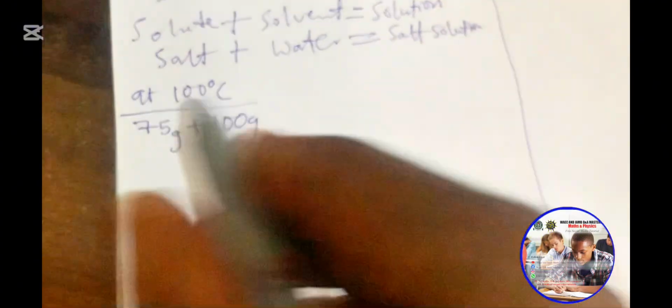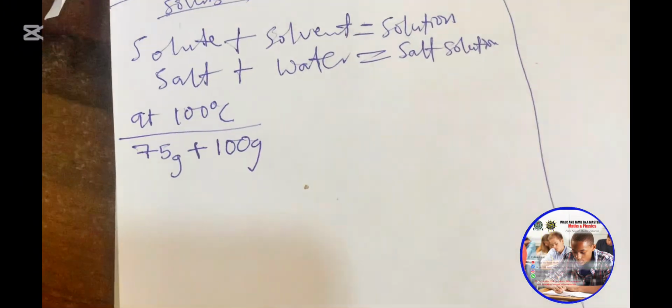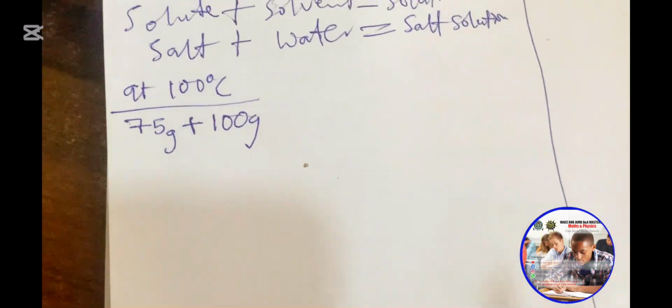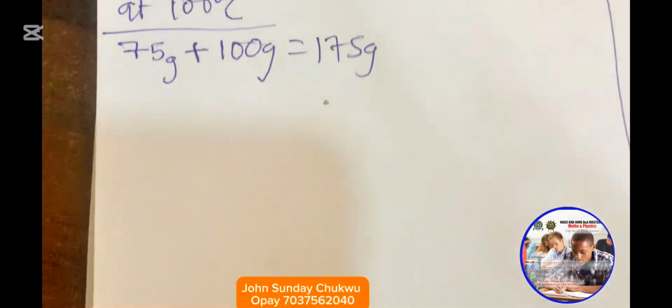So we are looking at the total mass at 100 degrees Celsius, which is equal to 175 gram, because I'm going to say this plus this, to give you the total mass at that 100 degrees Celsius.